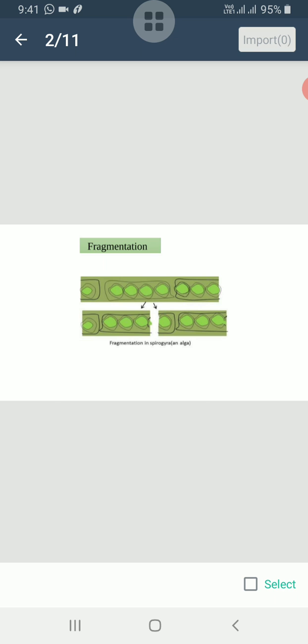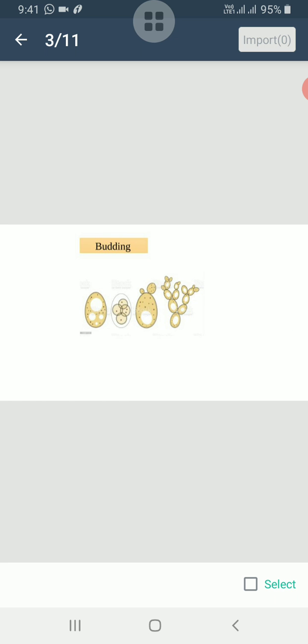This is the fragmentation in an alga. In budding, a bulb-like projection called a bud occurs on the body of the parent organism. This bud grows into an offspring and may eventually break away from the parent.